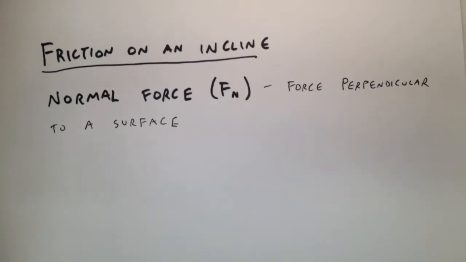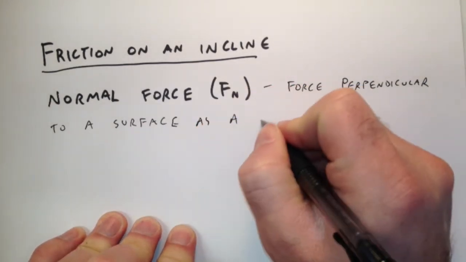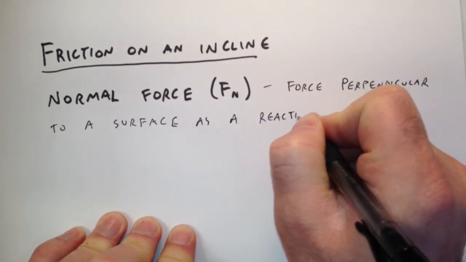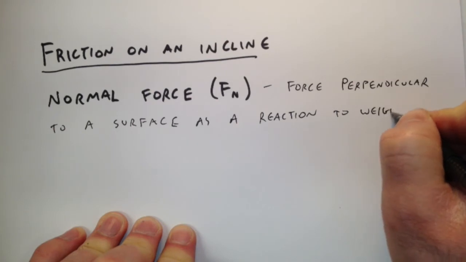But yeah, the definition of a normal force is that it's a force that is perpendicular to a surface. But in this particular context, a normal force is perpendicular to a surface as a reaction to weight.